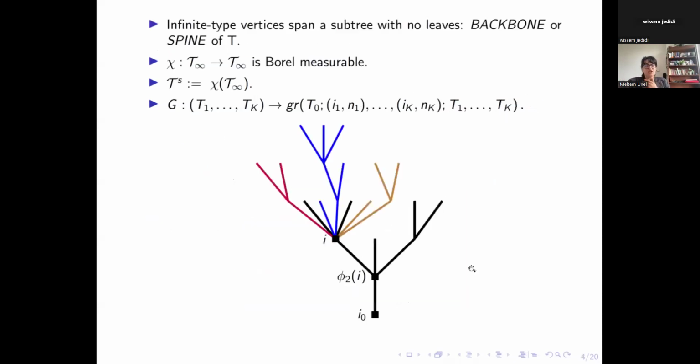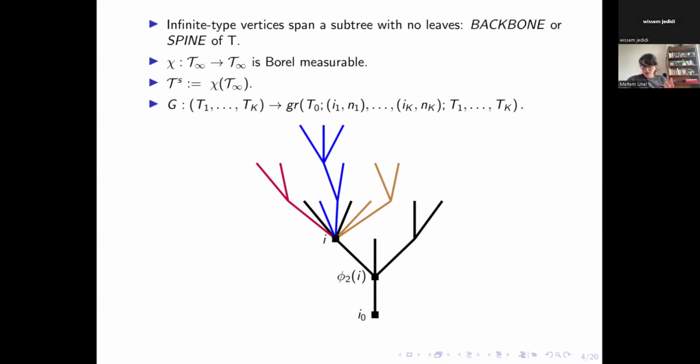So we need some more definitions. There are two types of vertices that I need to consider in these trees: the finite type vertices and the infinite type vertices. The finite type vertices are the vertices that have a finite number of descendants. In this picture, all the vertices that you see are finite type vertices because they have a finite number of descendants.